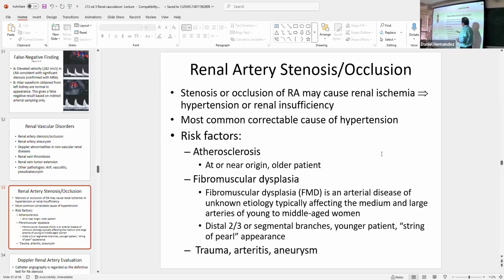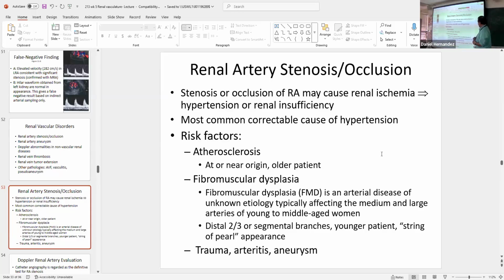If we have, again, a younger patient now, particularly a female, and they have uncontrollable hypertension, they're constantly on hypertension, they're not responding to medications, we then worry about FMD, fibromuscular dysplasia.